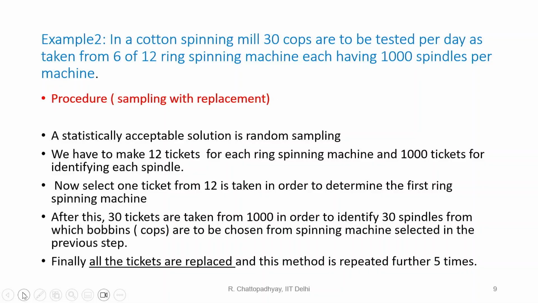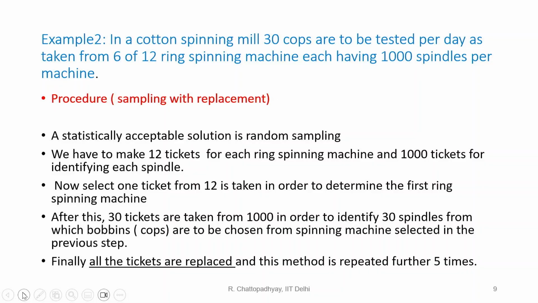That means there are 12,000 spindles on which the yarn is being made. Okay, and 30 cops are to be tested per day because they are all running on the same count of yarn.